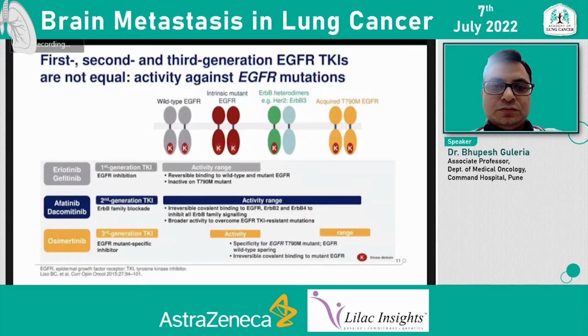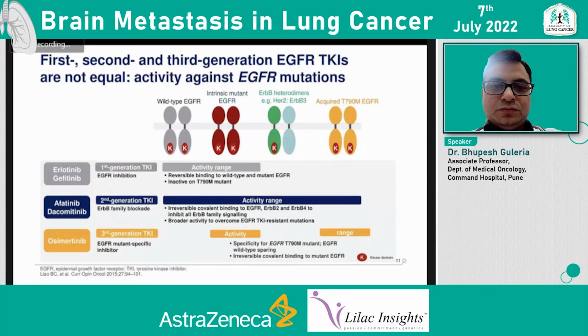We have three different generations of drugs for the EGFR mutation, first, second, and third generation, which differ in specificity and reversibility when binding to the EGFR receptor. In the first generation, we have erlotinib and gefitinib, which reversibly bind to the wild type and mutant EGFR and have almost nil activity against the T790M mutant variant.